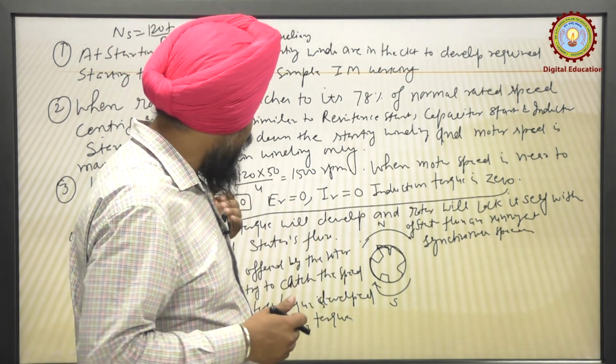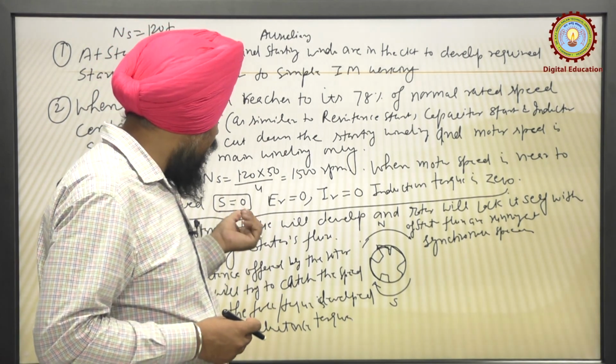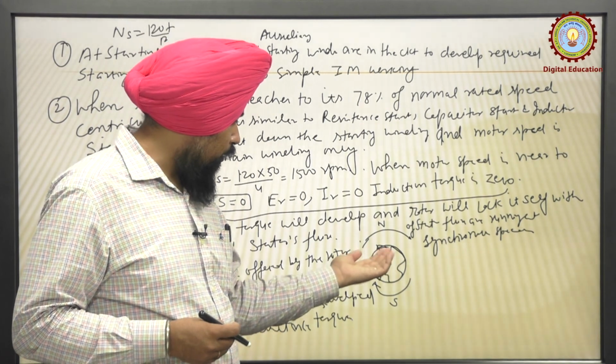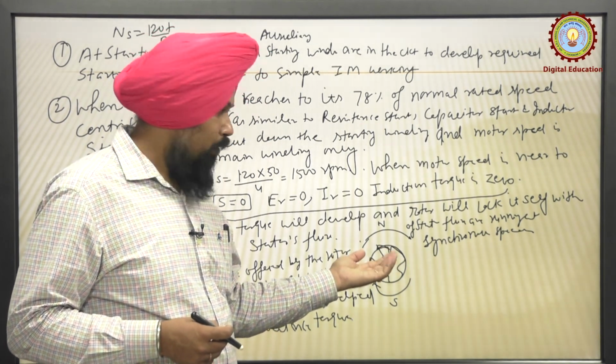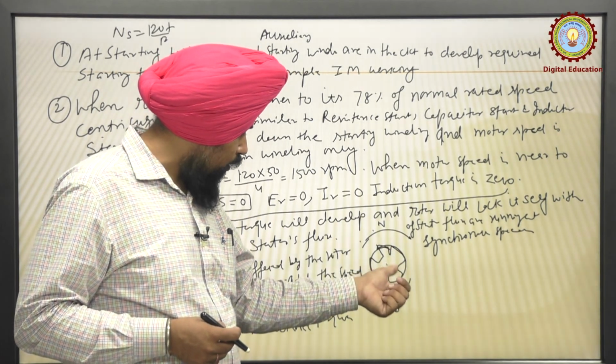As it approaches near to the synchronous speed, what will happen at any instant, due to this variable reluctance offered by the rotor circuit, this flux is also running at synchronous speed, this rotor is running at synchronous speed.